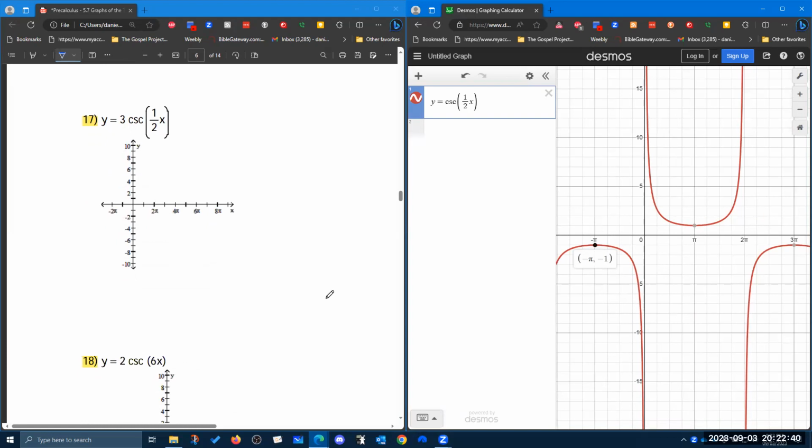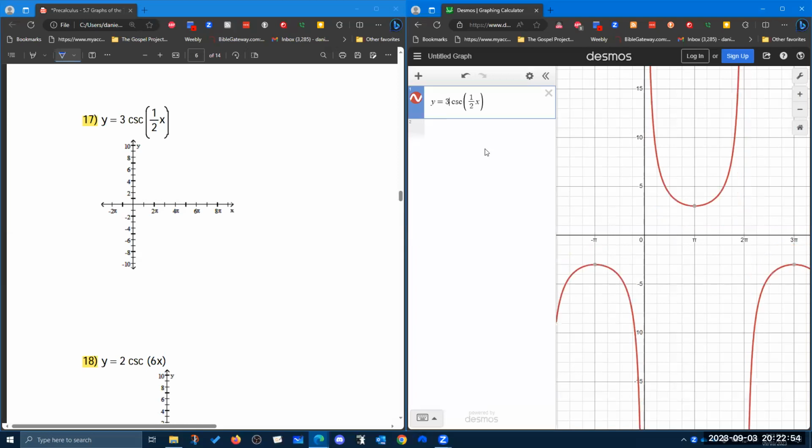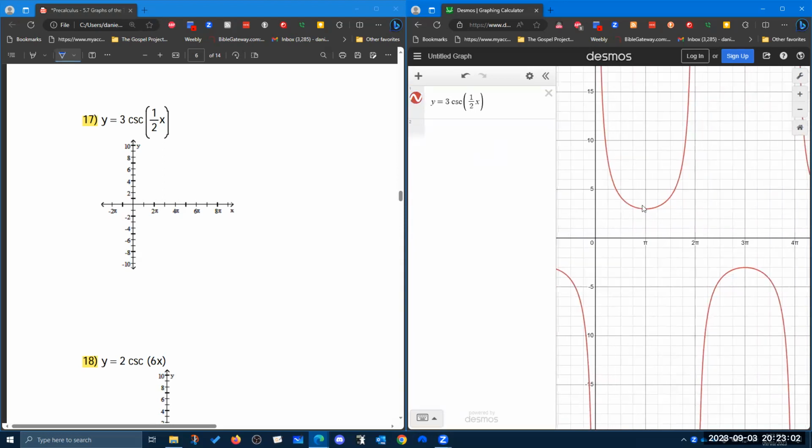Now let's take this graph that we just made and multiply it by 3, and you'll see that where it's pi, 1, it's going to go up to pi, 3, where it's negative pi, negative 1, it's going to go down to negative pi, negative 3. I'm just going to stick that 3 in front of it, and there it is. Nothing has changed as far as the period, but the range has changed here.